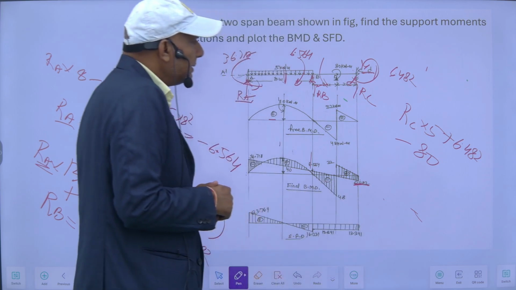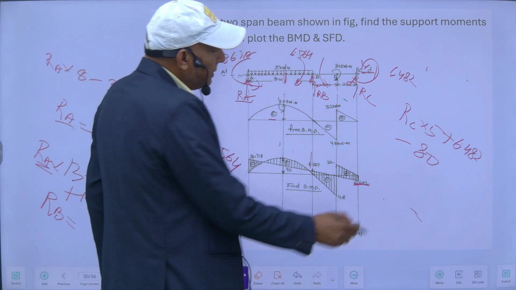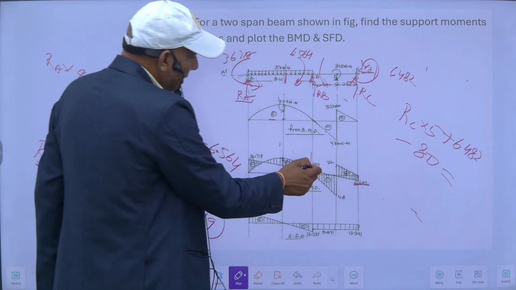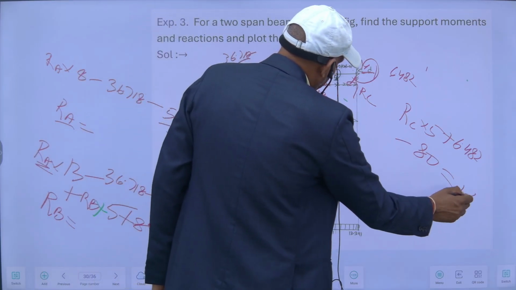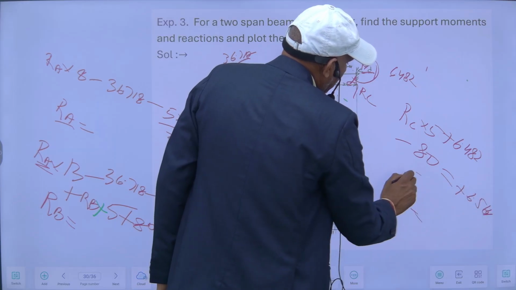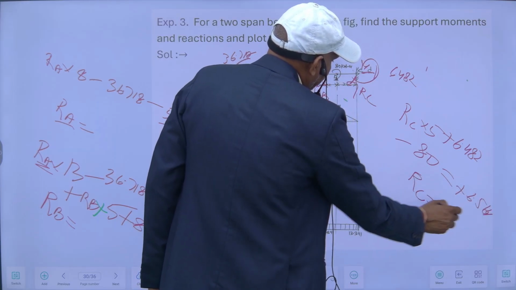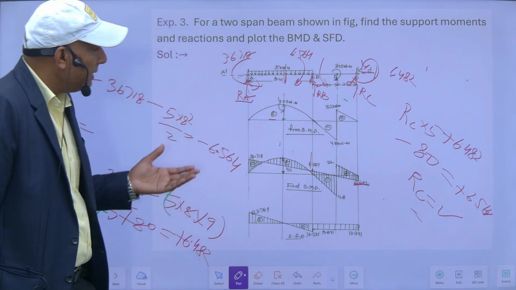So in this case it will be hogging, and that should be equal to MB. MB is equal to plus 6.564. So RC I will find. Now RA, RB and RC.